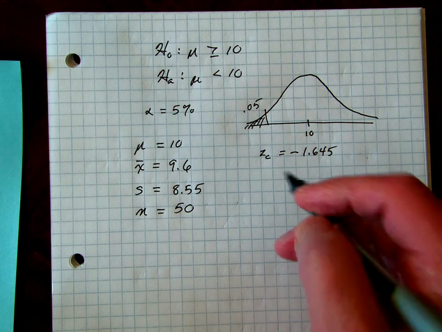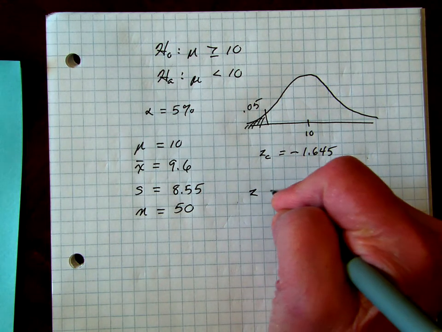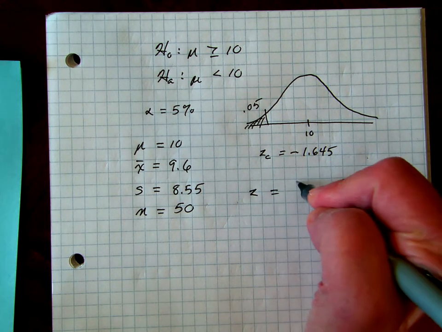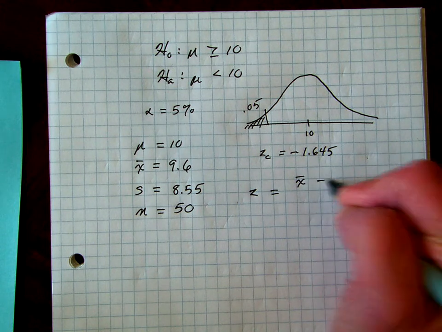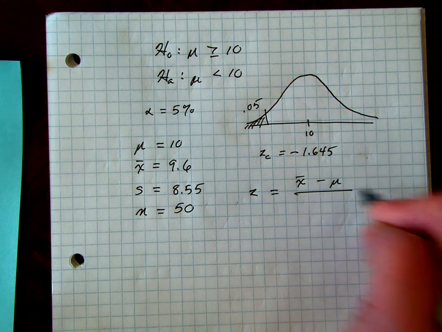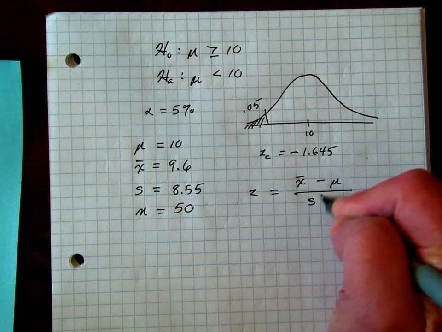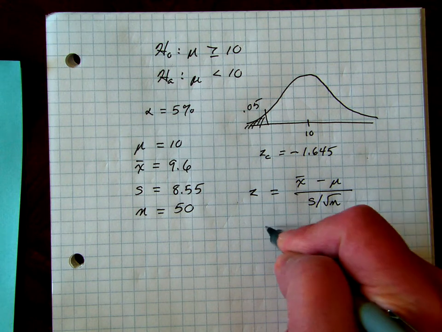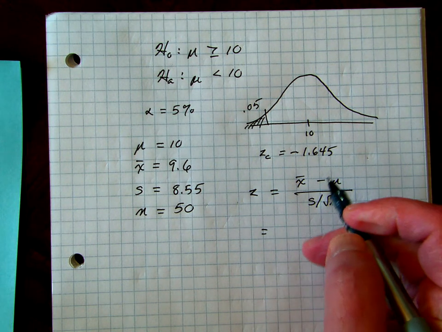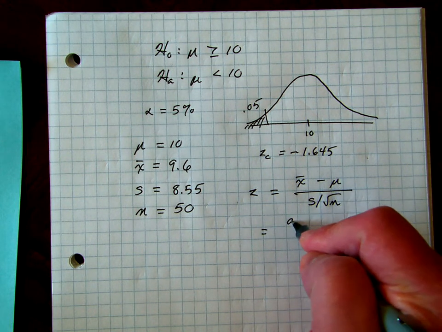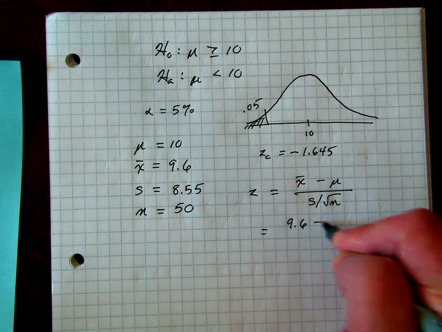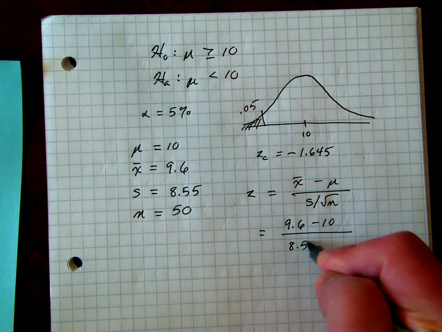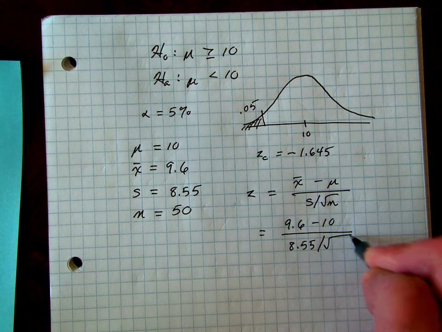Again, let's take a look at what our z-statistic is going to be, our z-score. We're going to have x, we're going to subtract the mean, we're going to divide by s over the square root of the sample size. So in this case, we're looking at 9.6 minus 10 divided by 8.55 over the square root of 50.